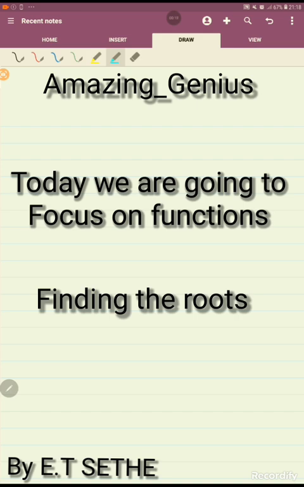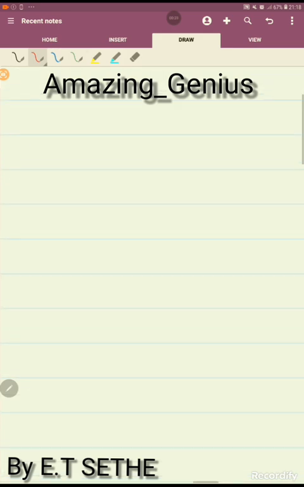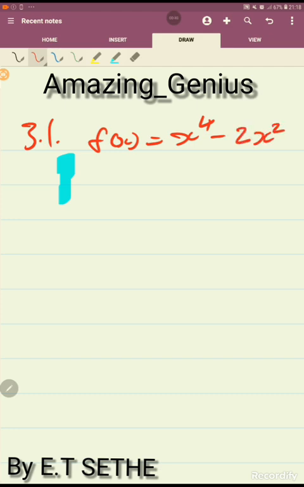Therefore, it says that 3.1, we have that f(x) is equal to x cubed minus 2x squared.